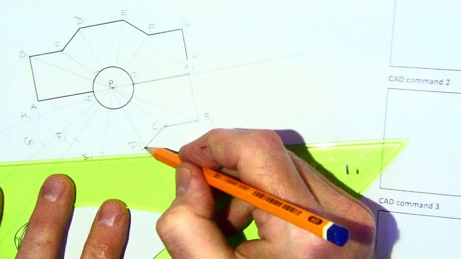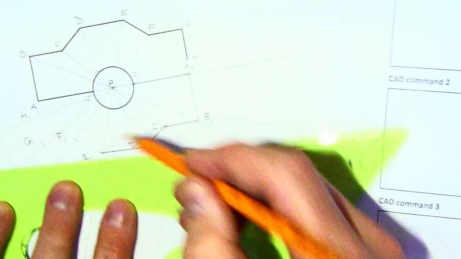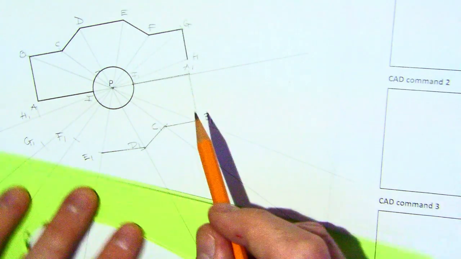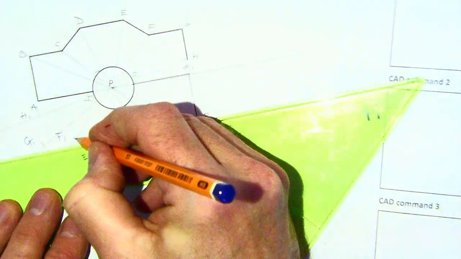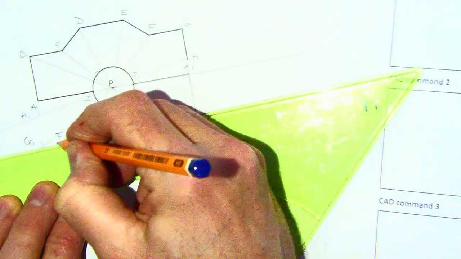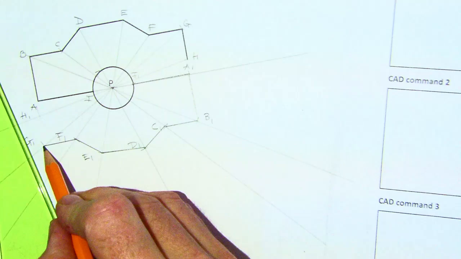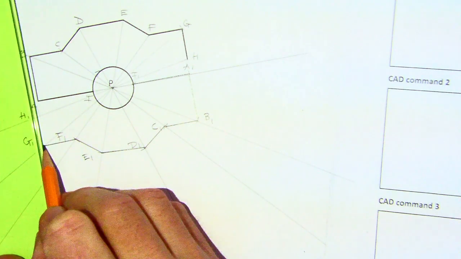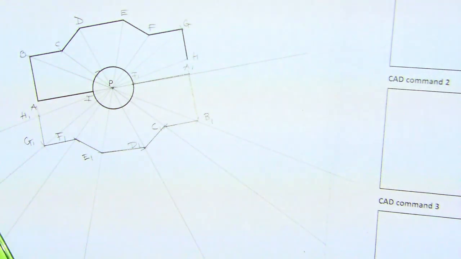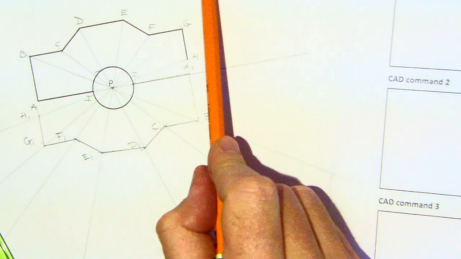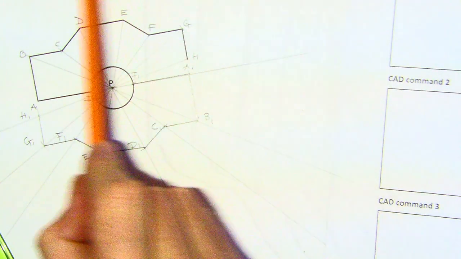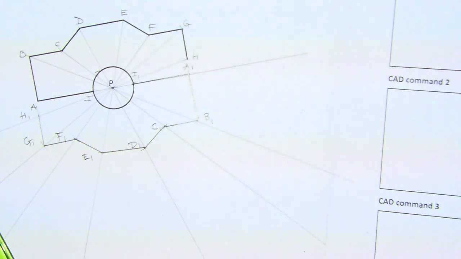There should be a distinct difference between these heavy outlines and these lighter construction lines. And that there now is your completed logo by central symmetry through that point P.